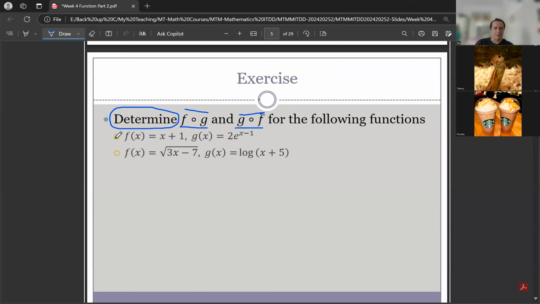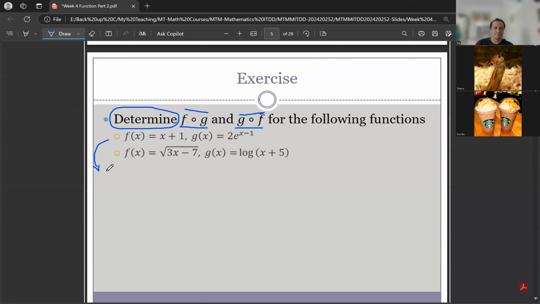We have this function f(x) equal to x plus 1 and g(x) equal to 2 times (x minus 1) to the power of e.